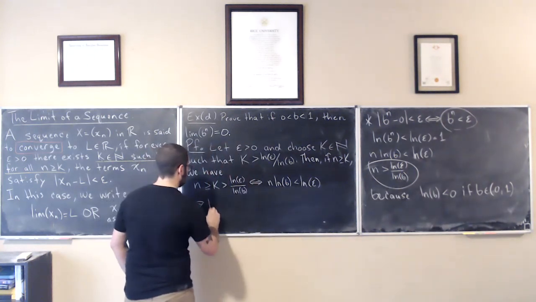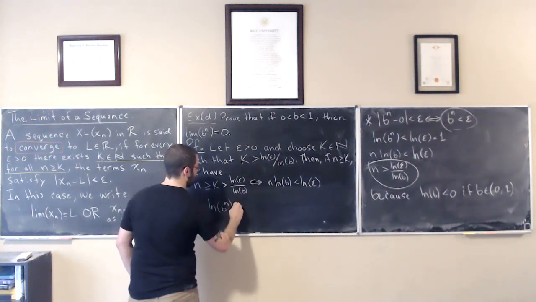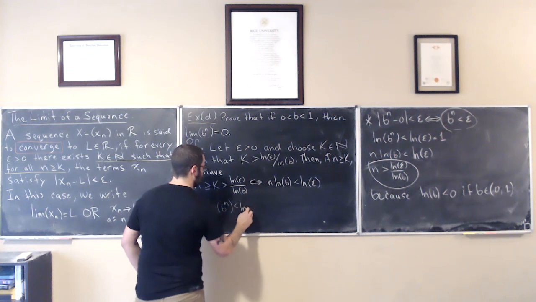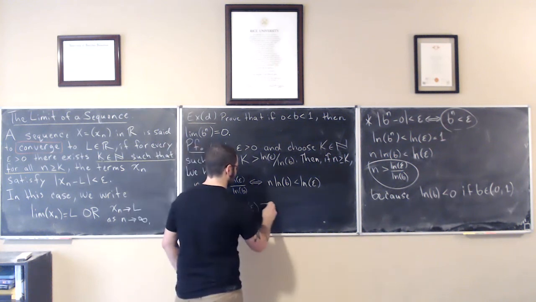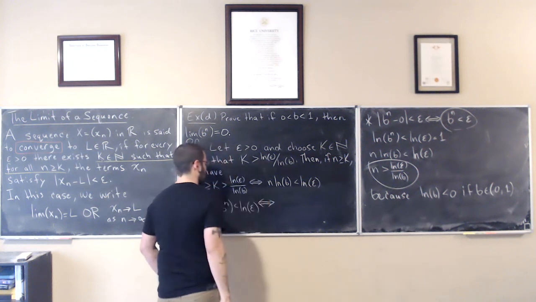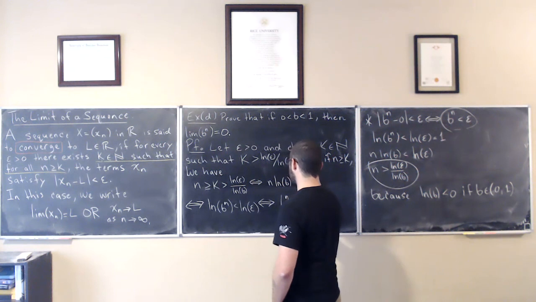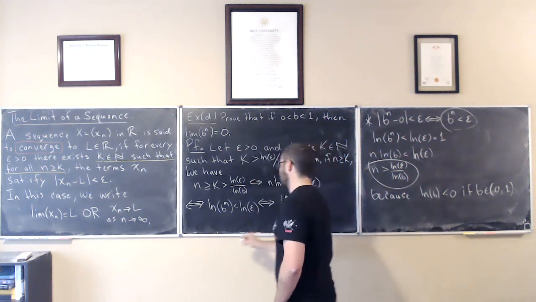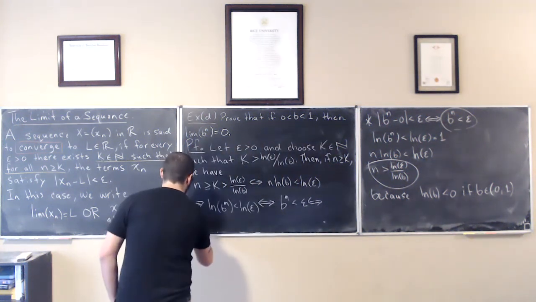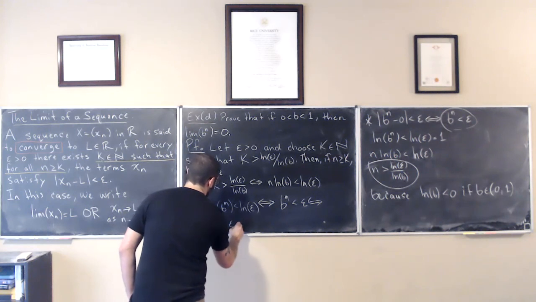Which implies that b to the power n is less than epsilon, which is the same thing as saying b to the power n minus 0 is less than epsilon.